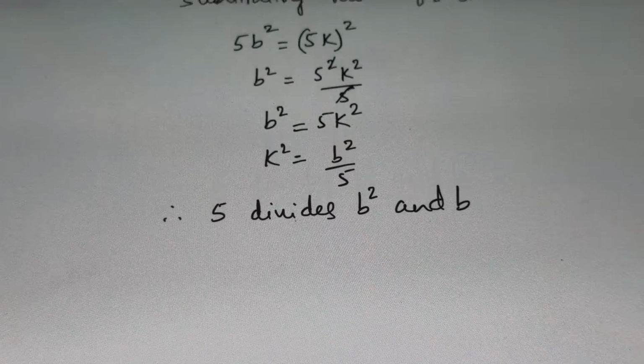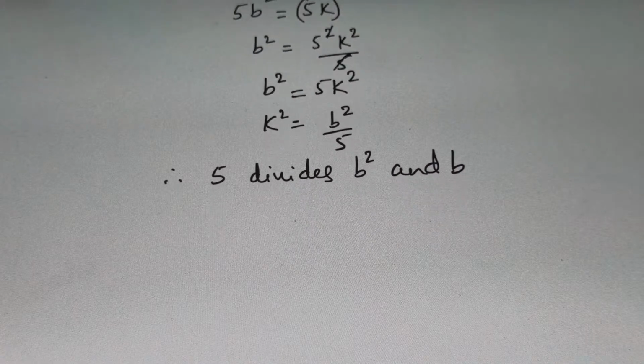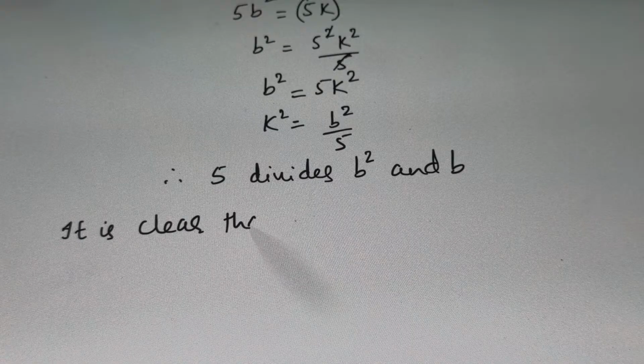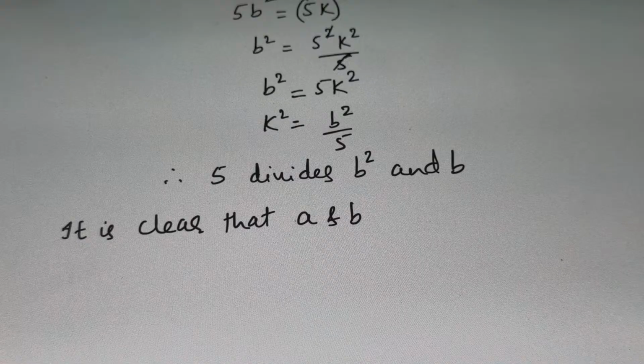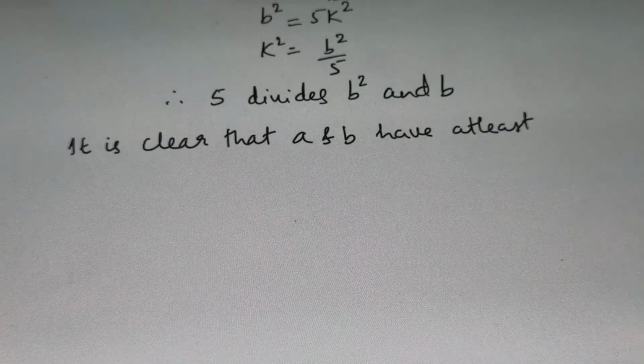Five divides b square and b. Therefore, it is clear that both a and b have 5 as the common factor.